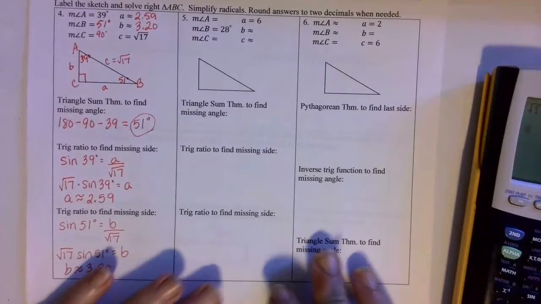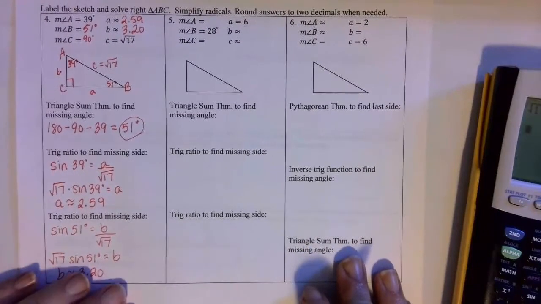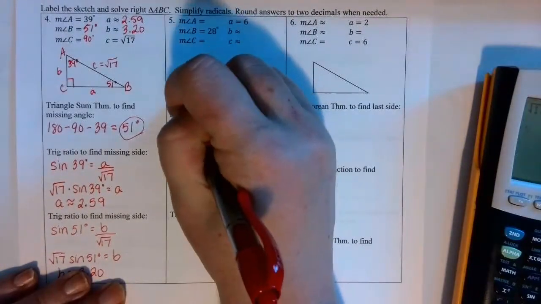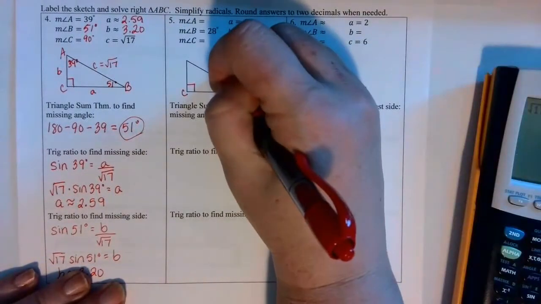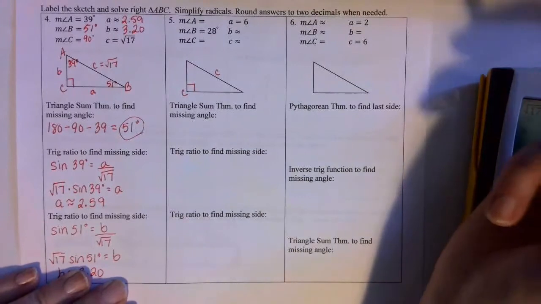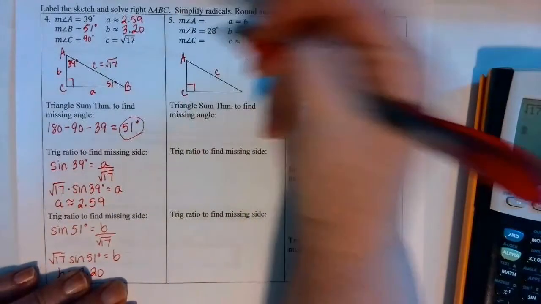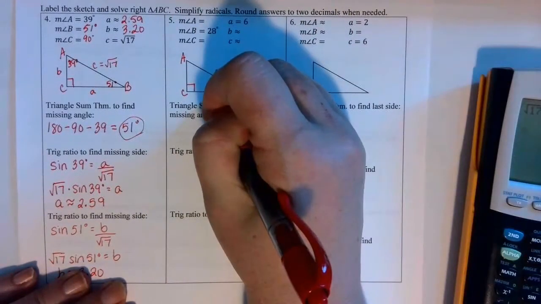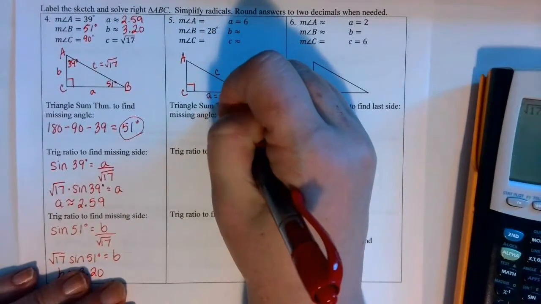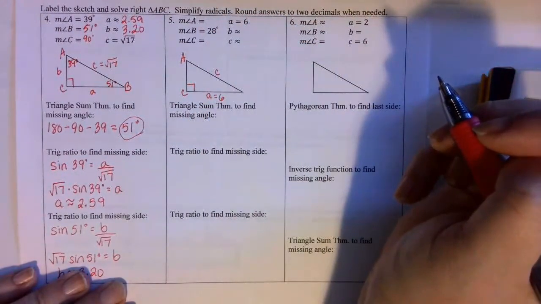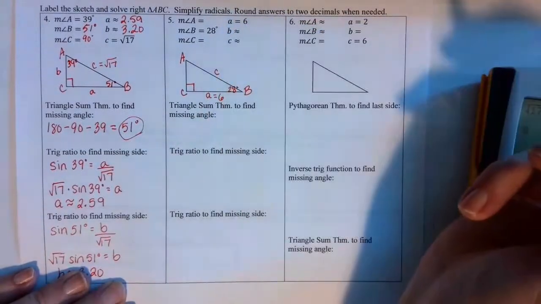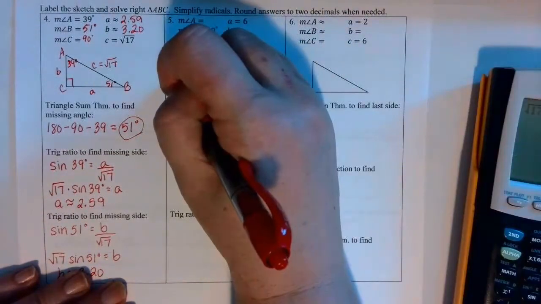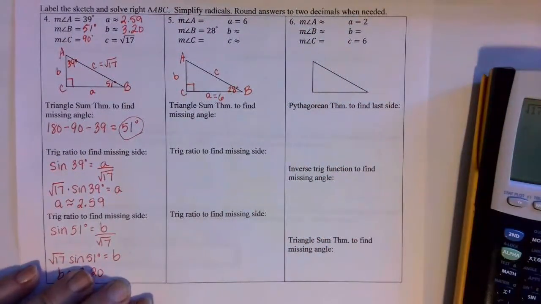Okay, then in problem number 5, my right angle is angle C, then my hypotenuse is little letter c. If this is my angle A, then the side opposite that is lowercase a, and that's given as 6. My angle B is given as 28 degrees, and then opposite that would be lowercase b.